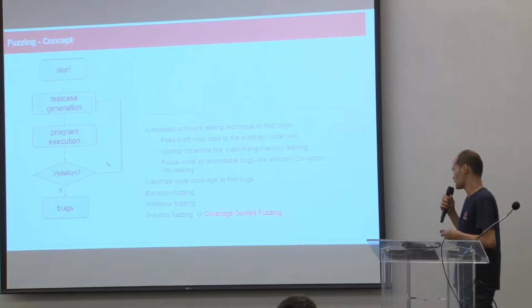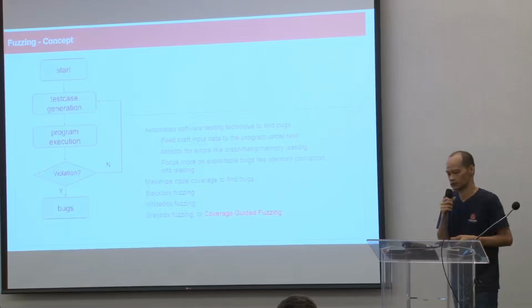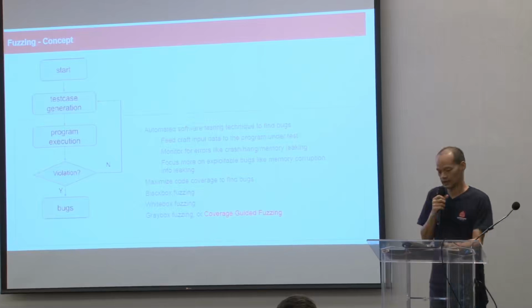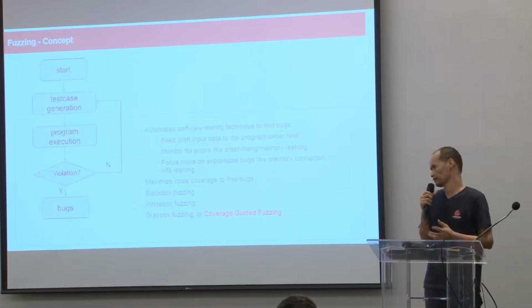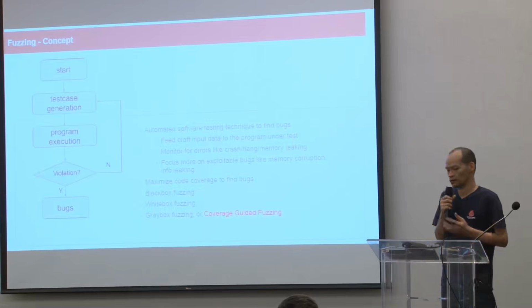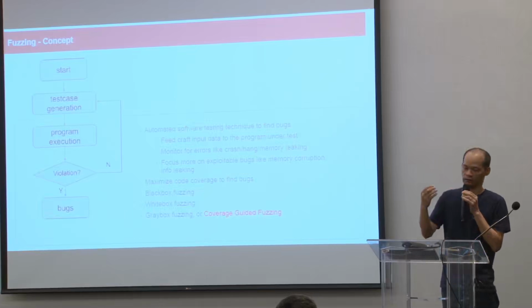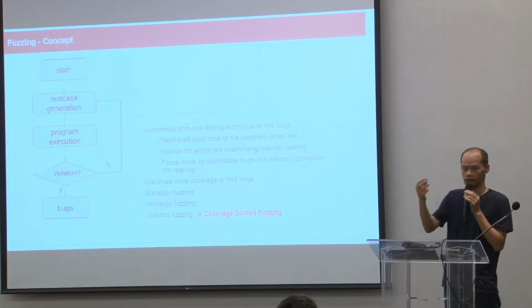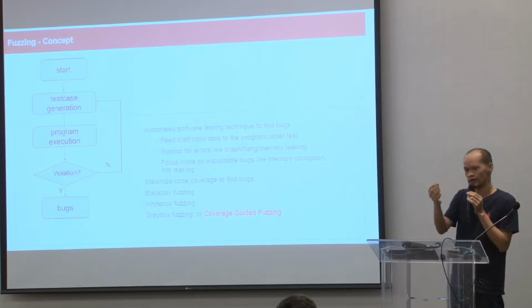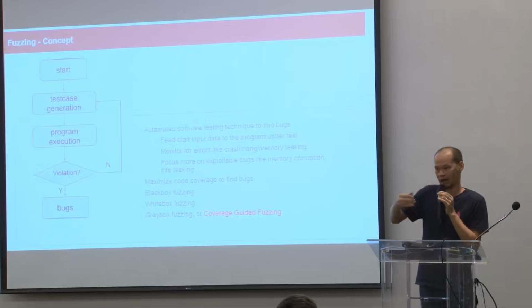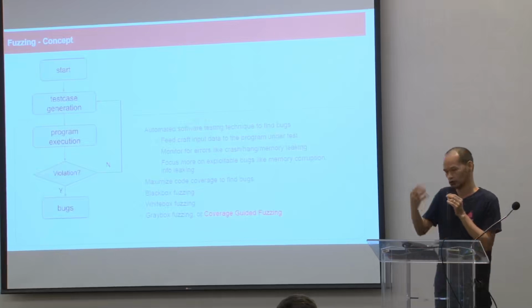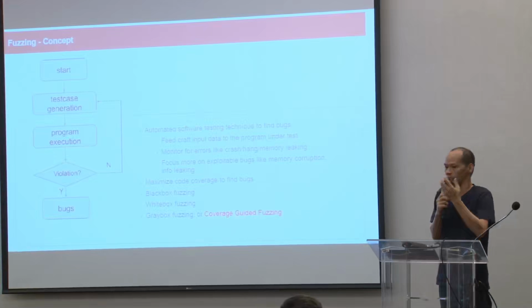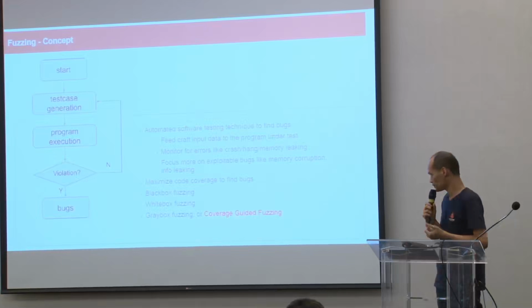The next type of fuzzer is called the white box fuzzer. Unlike the black box fuzzer, before it generates input for the program, it tries to analyze the program to understand how it works inside and how it's structured, so it can generate better input.